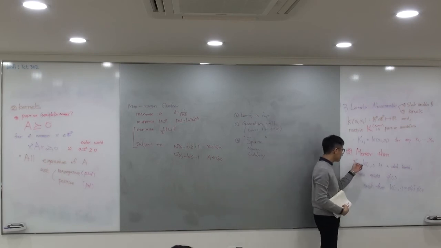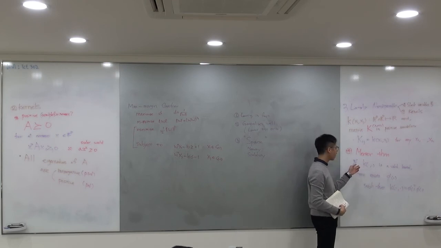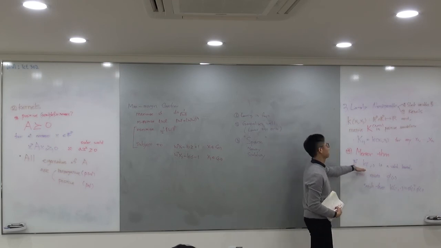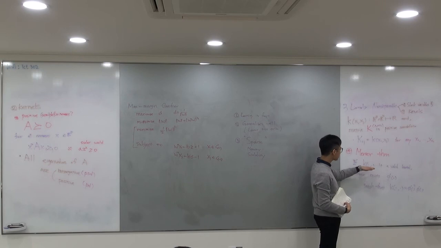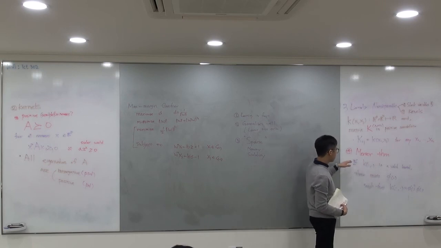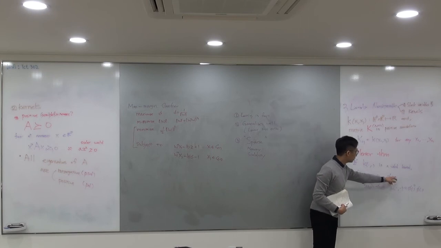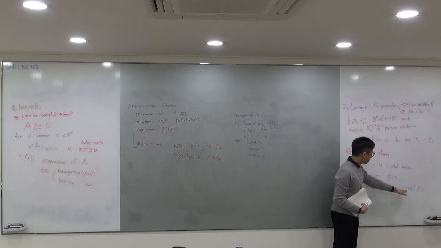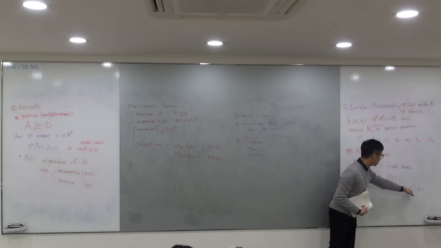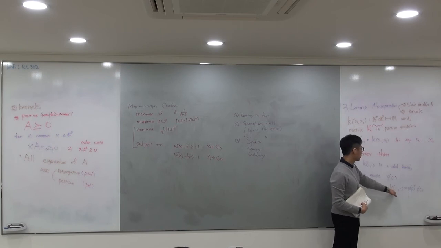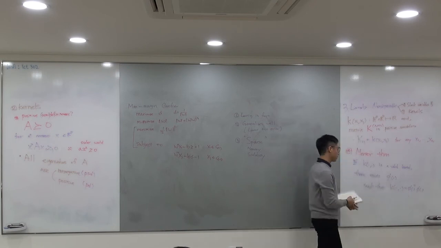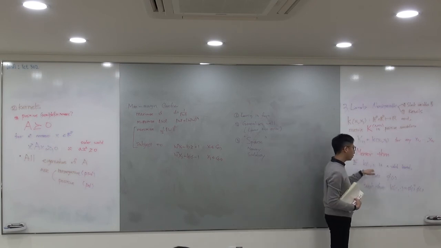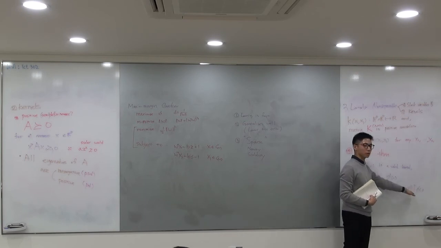Suppose some two-argument function is a valid kernel. Then the theorem states that there exists some one-argument function phi, such that its inner product gives that kernel function. So in other words, a kernel function can always be decomposed into an inner product of some other function.